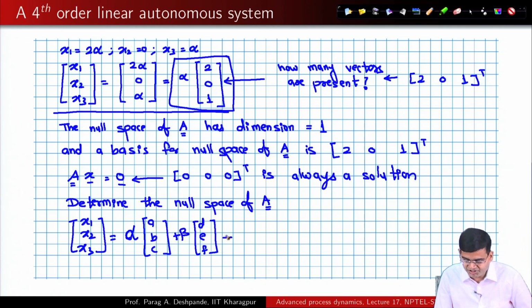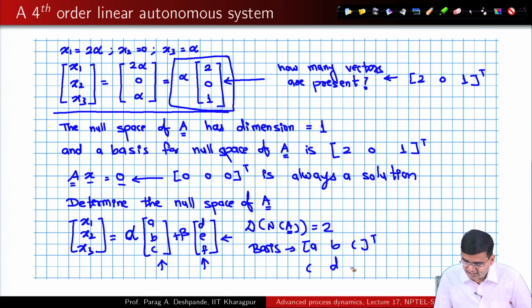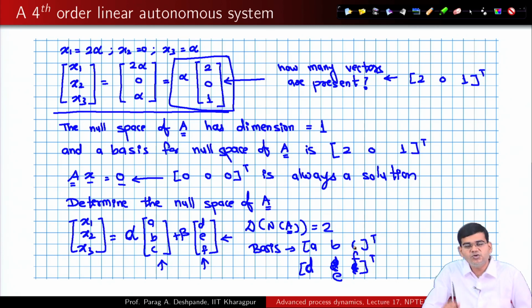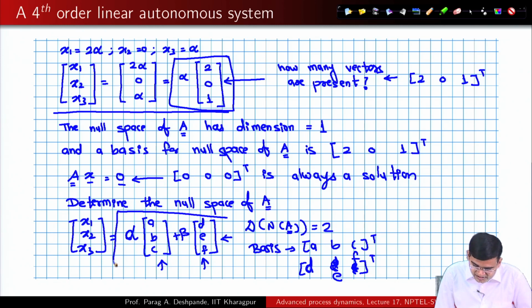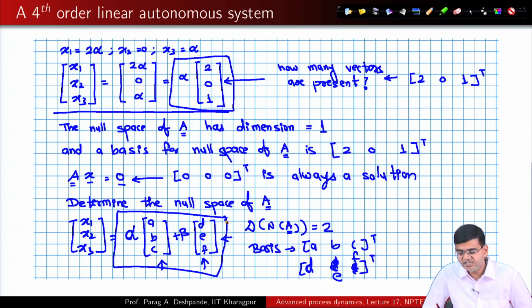So, in this case the dimension of the null space of A would be 2, because there are 2 vectors, and the basis would be [a b c] transpose and [d e f] transpose, and the meaning of this is that [a b c] is going to be a solution of A x equal to 0, [d e f] is going to be a solution, and since these two make a linear vector space and [a b c] and [d e f] are the basis, then every linear combination of these two vectors would also satisfy A x equal to 0.